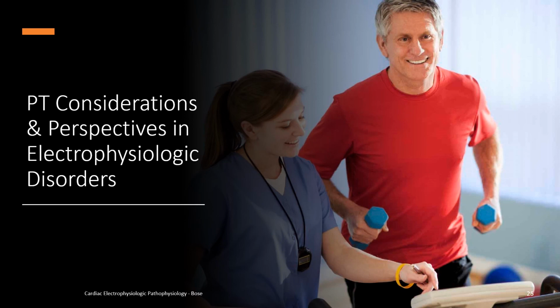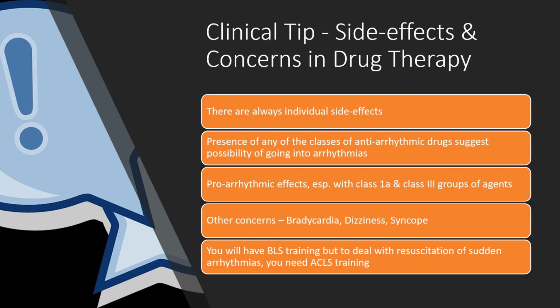So, some physical therapy considerations. There are always individual side effects in patients. There is nothing universal. The presence of any of the classes of antiarrhythmic drugs suggest the possibility of the patient going into arrhythmias.